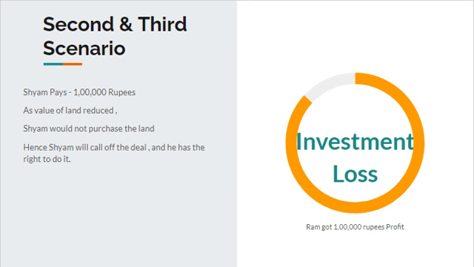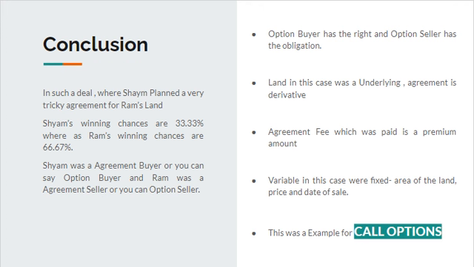So the seller is the ultimate winner if we talk about probability. Okay, so the conclusion is here. In such a deal where Shyam planned a very tricky agreement for Ram's land, Shyam's winning chances are 33.33% and Ram's winning chances are 66.67%.